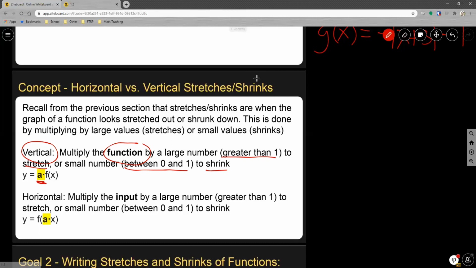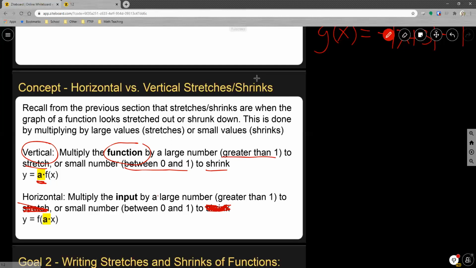For horizontal, it's the same idea, except I've got an error that I need to fix. I'm going to make some edits. I typed things really quickly, but clearly didn't check my work. So for horizontal, remember, horizontal is backwards from how we think it's going to work.